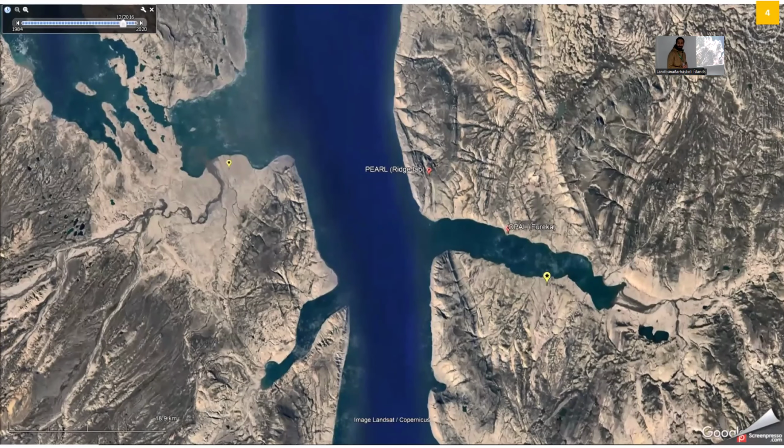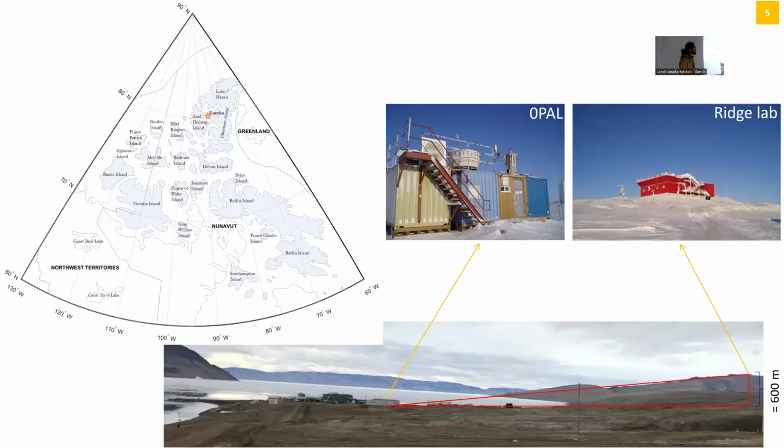The Eureka region is located at around 80° north, and we have the PEARL Observatory there, which includes two measurement sites. Here you can see the PEARL Observatory location shown by the red star, and its geographical context on Ellesmere Island.